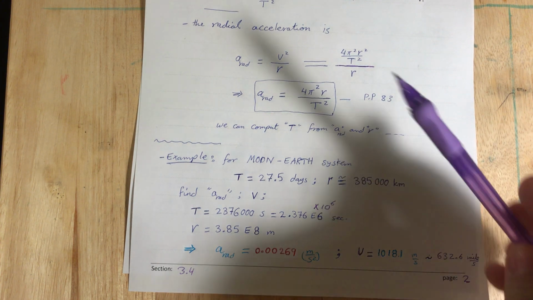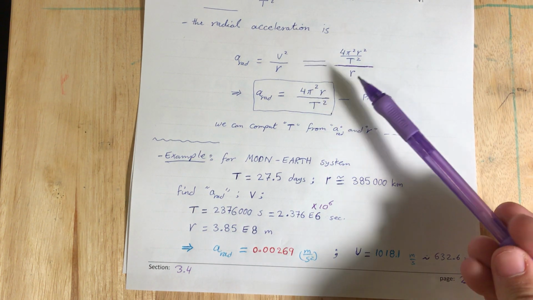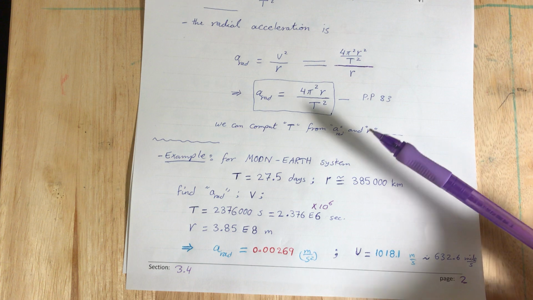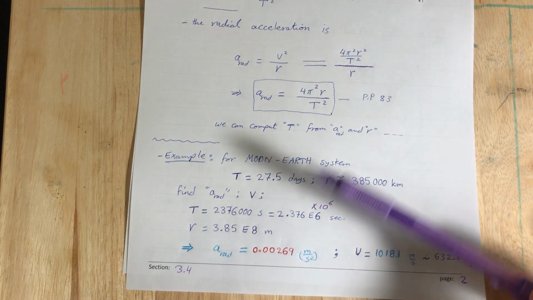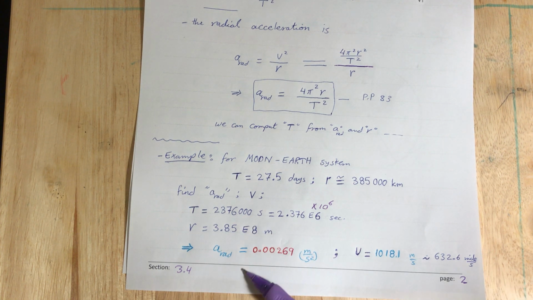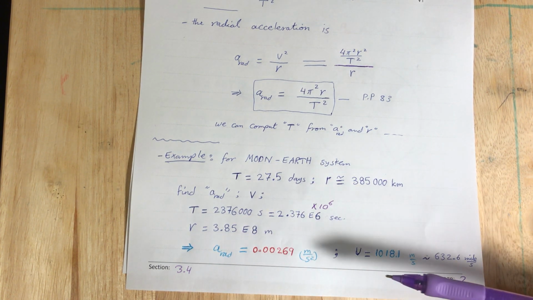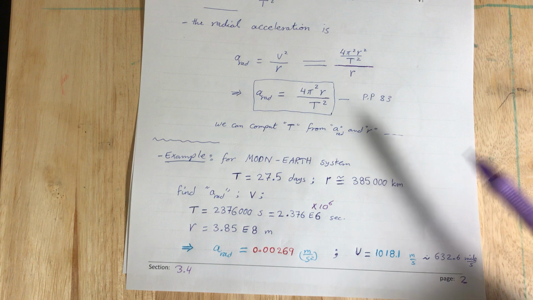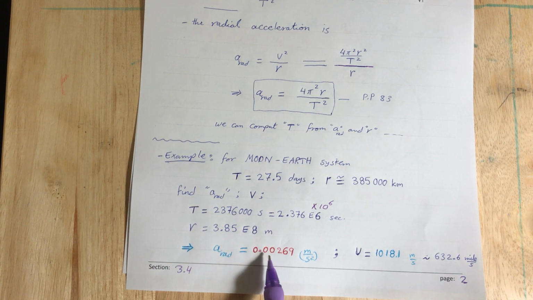By using this relation, 4 pi squared is known. R, this is R. T squared, this is T. I need to square it. Then the acceleration toward the center of rotation, which is Earth, is 0.00269 meters per squared seconds, which means this is about 2 millimeters.